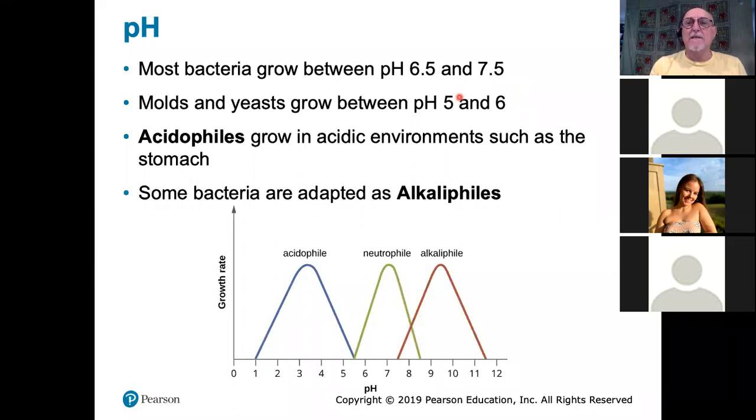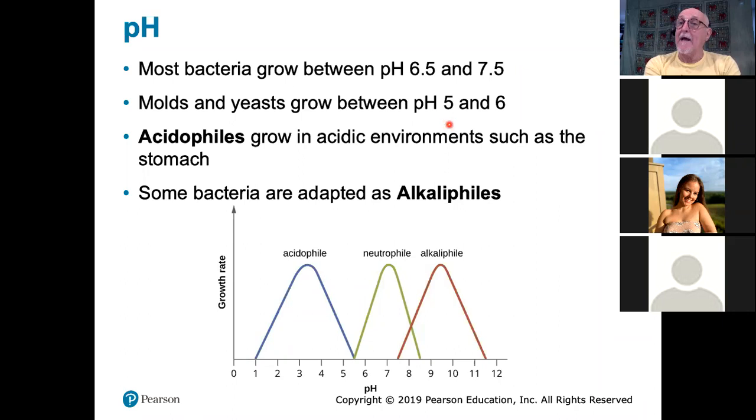Most bacteria grow in a very narrow pH range, 6.5 to 7.5. An exception to that is that the molds and yeasts tend to be able to grow at slightly lower pH, but still this is not very, very low. 5 and 6 is not particularly acid solution. But there are some bacteria, especially, which grow at very low pHs.